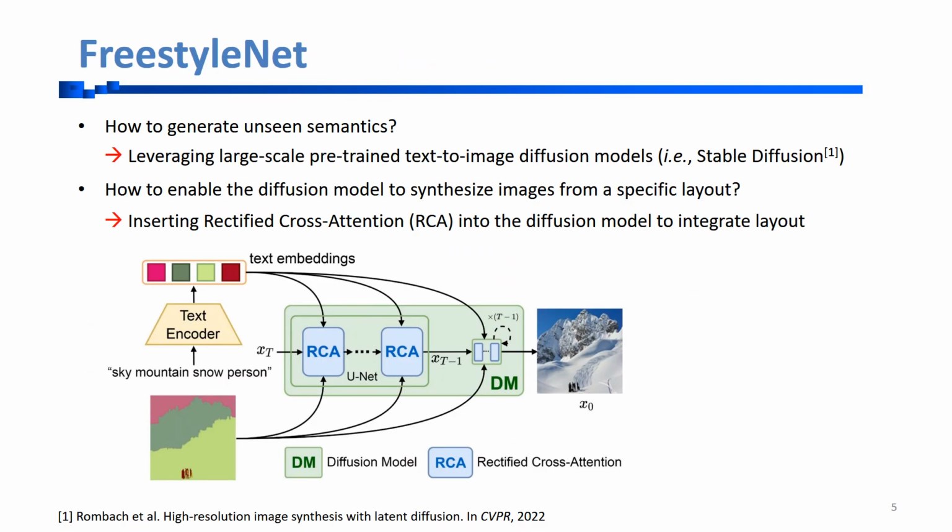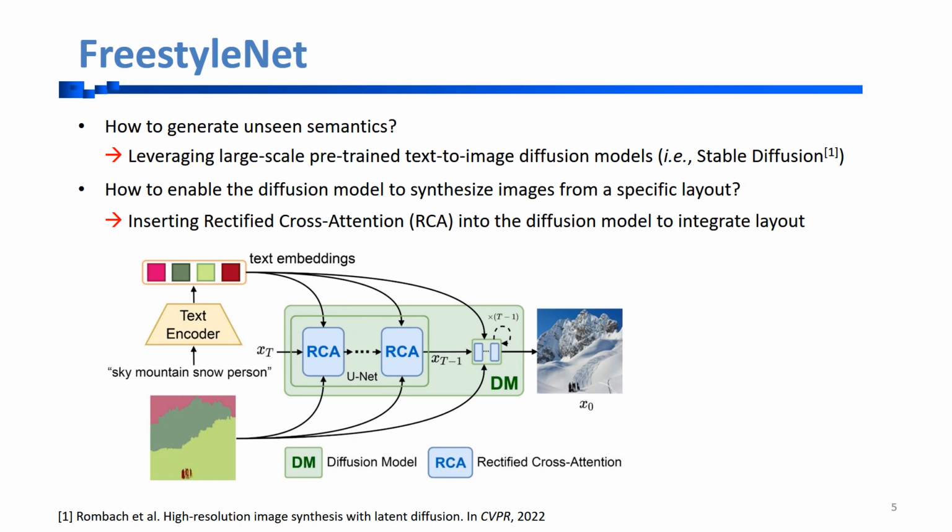To perform FLIS, we propose a framework named FreestyleNet. When designing this framework, the first question we encounter is how to generate unseen semantics. As we know, large-scale pre-trained language vision models, for example CLIP, have shown the ability to facilitate some discriminative methods trained with limited base classes to predict unseen ones.